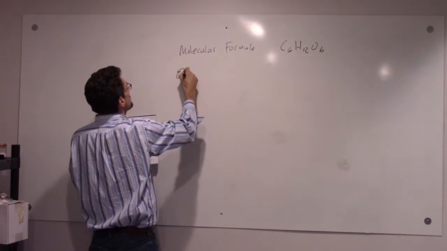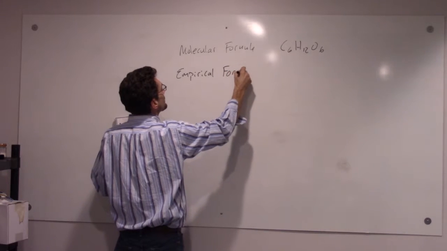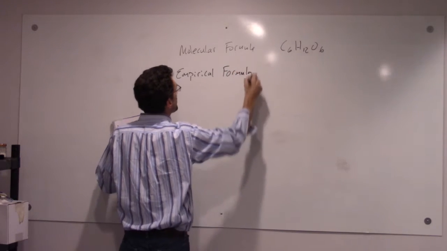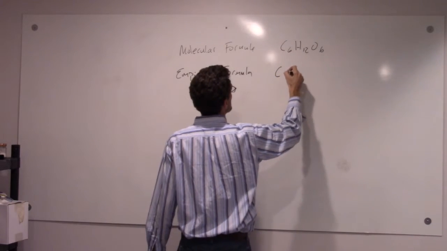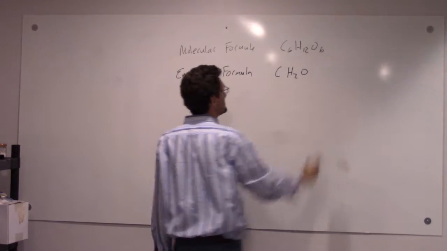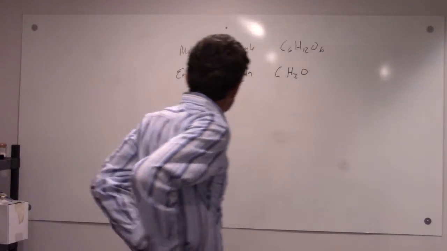And then we had empirical formula, which was the molecular formula just reduced. So this would be CH2O. Remember that? It's just a reduced formula.